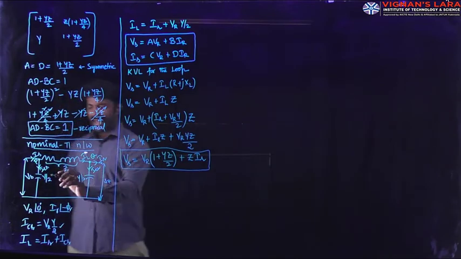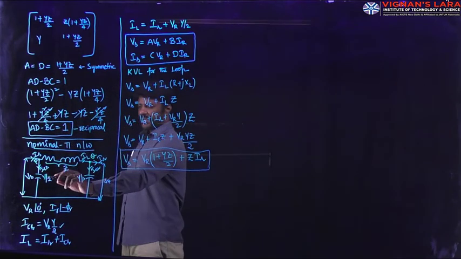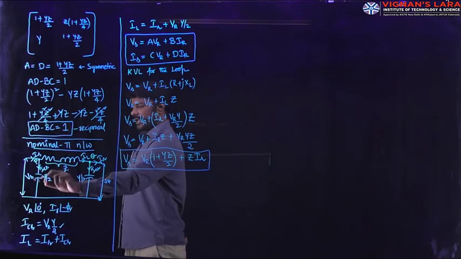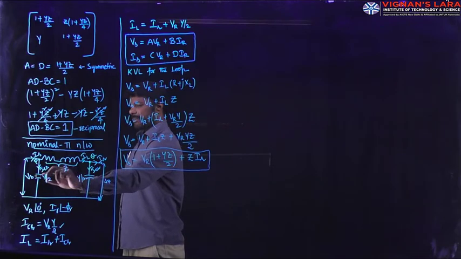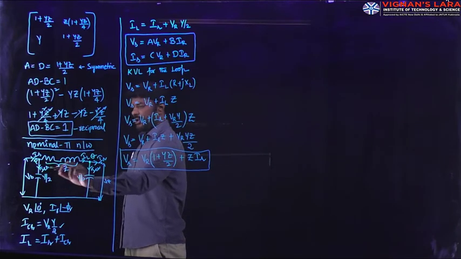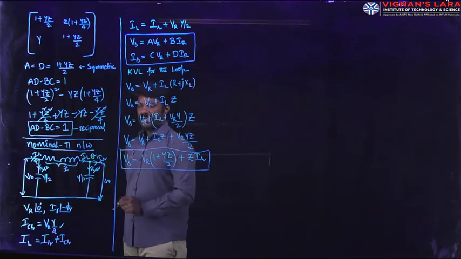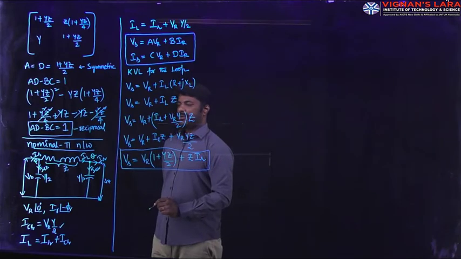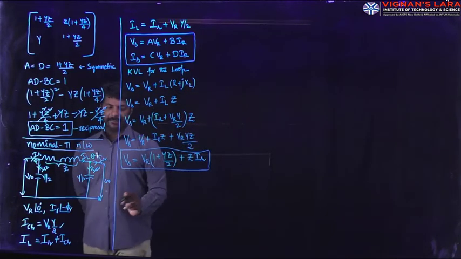Once we get the value of Vs as per the KVL method, then you can know the voltage across this capacitor. Since the branch voltage Vs is known and the branch admittance Y by 2 is known, you can estimate this current called ICS as per Ohm's law. So the same thing I am applying here.